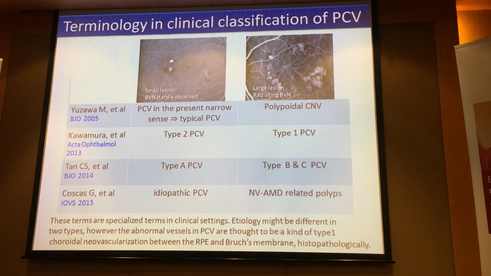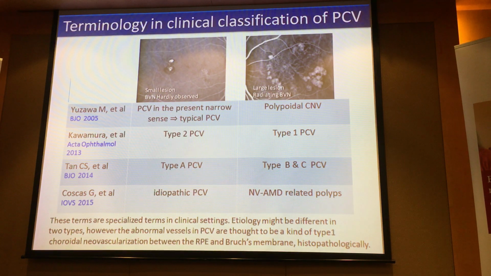And there is a terminology issue in clinical classification. A very small region with a BVN hardly observed is called, by Dr. Yuzawa in Japan, PCV in the present narrow sense, typical PCV.